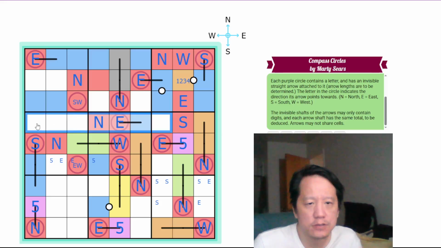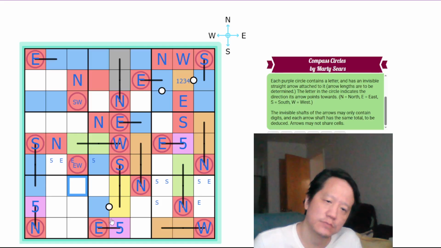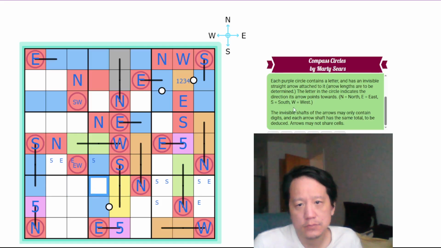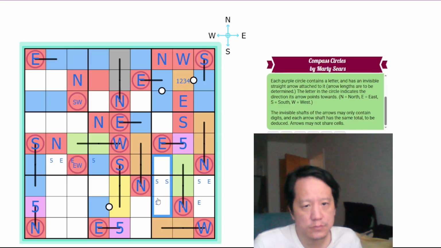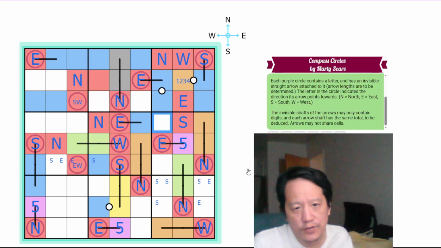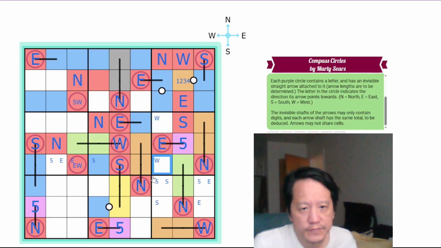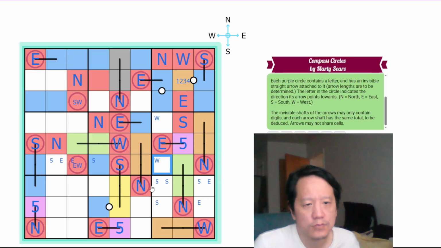Let's see. One of these is west. If this is west, this would have to be east here. It would be west pointing that way, so this cannot be west. This must be east.